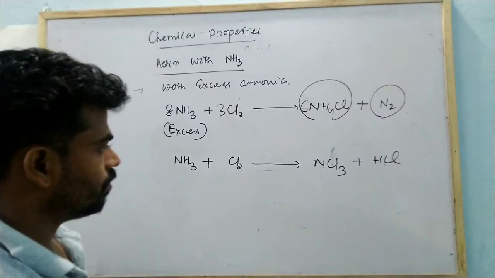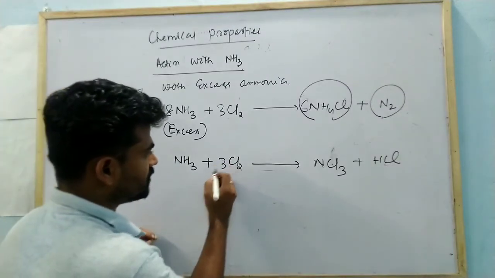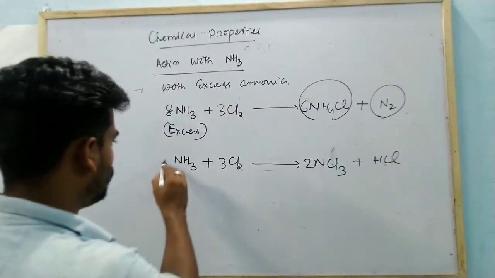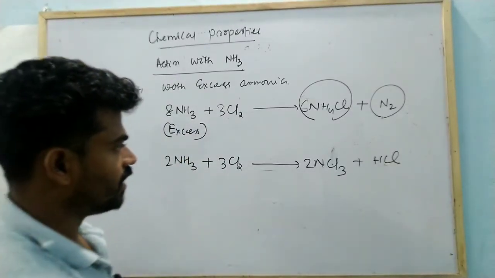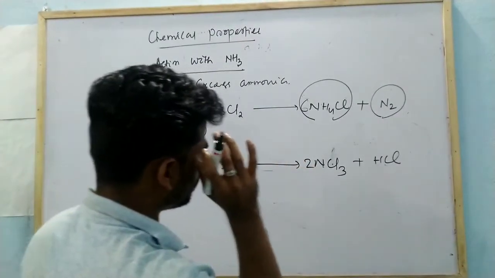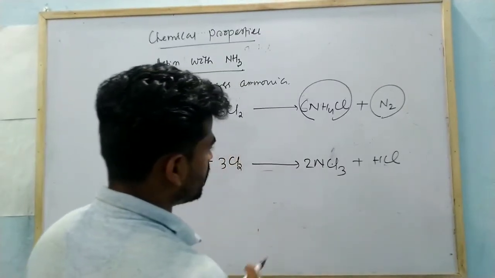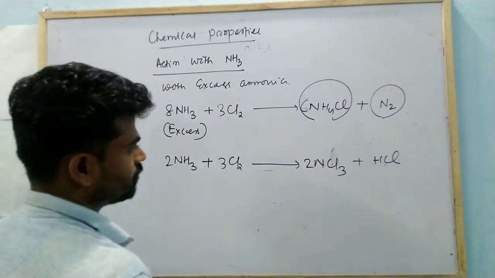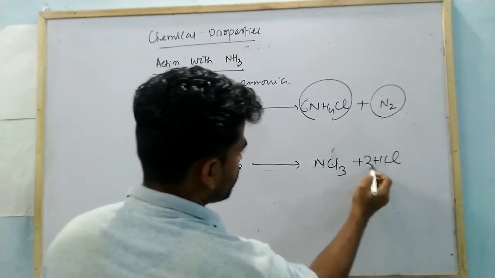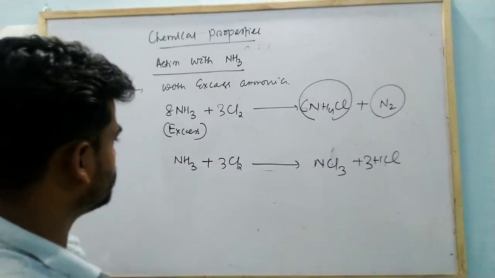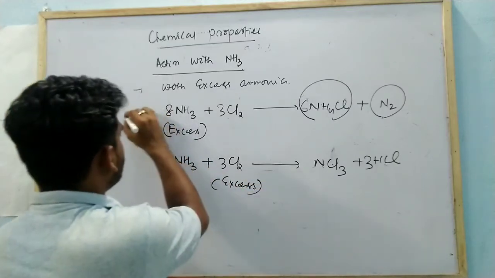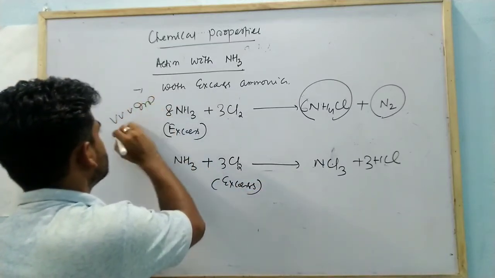Then you balance this equation: NH3 plus 3Cl2 gives NCl3 plus 3HCl. Here chlorine is used in excess. Very important, this reaction.